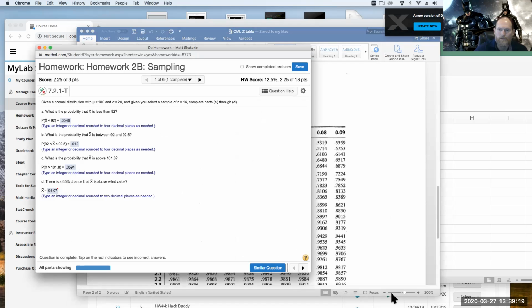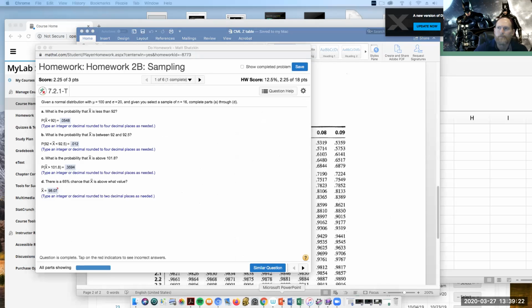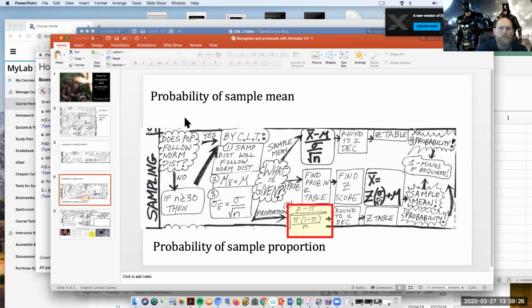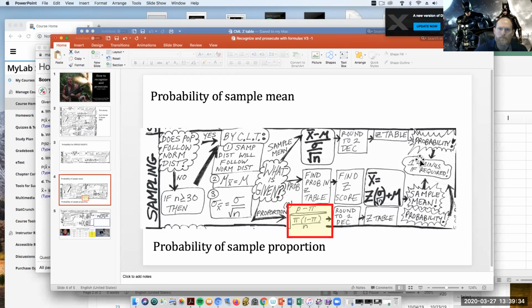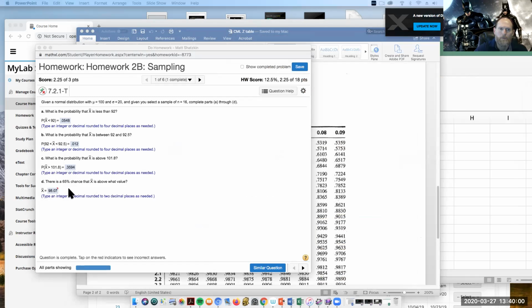Let me see here. I'm having a brain cramp. 65% chance that X is above.